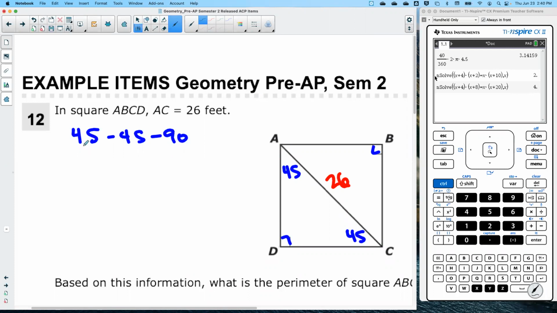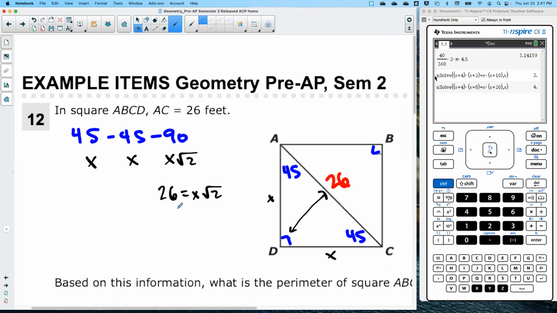What does your formula chart say about 45, 45, 90 special right triangles? X square root 2. What is the 26 across from? So that means 26 is equal to x square root 2, whereas these would be the x's.